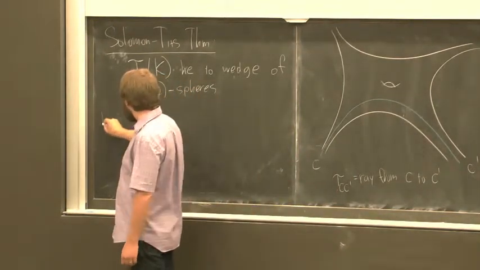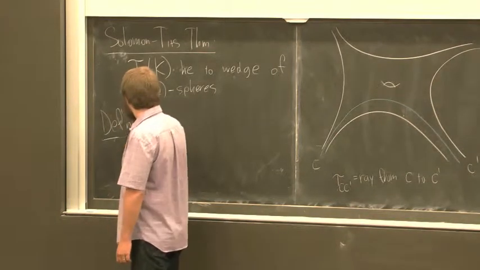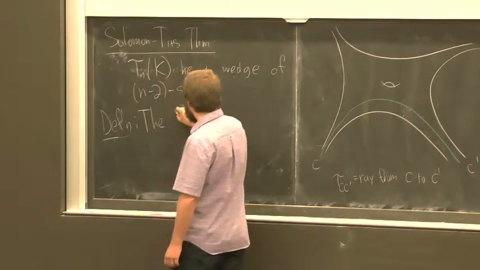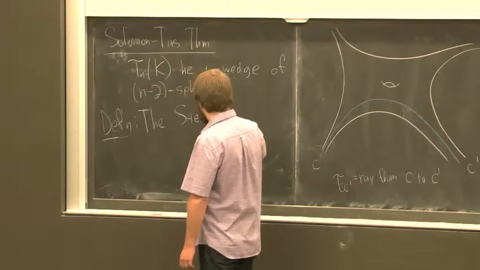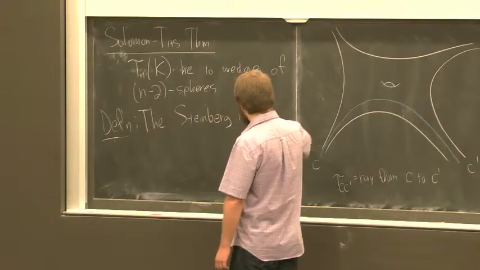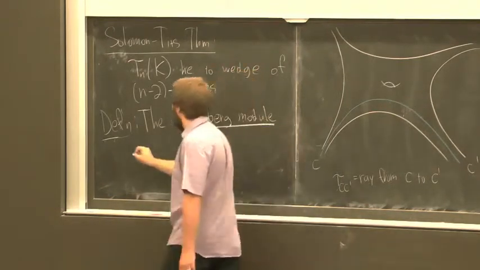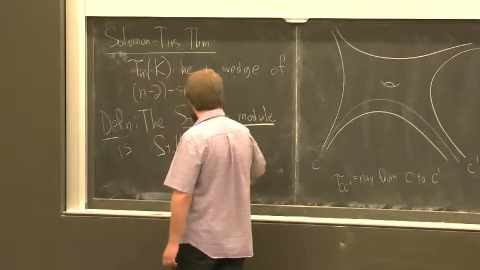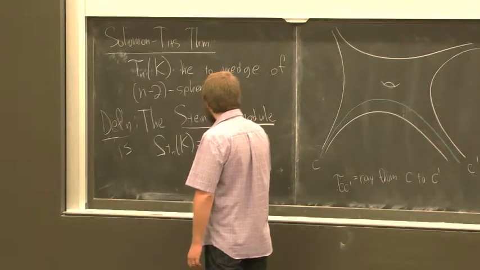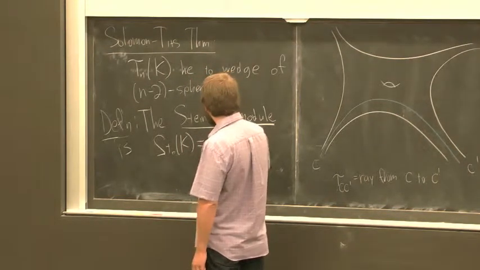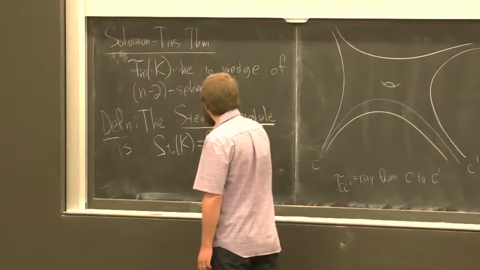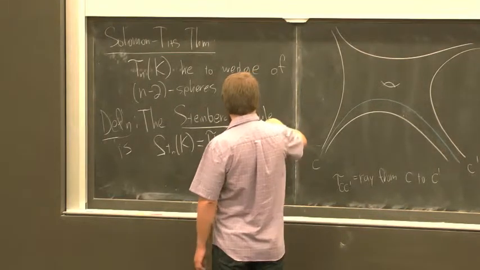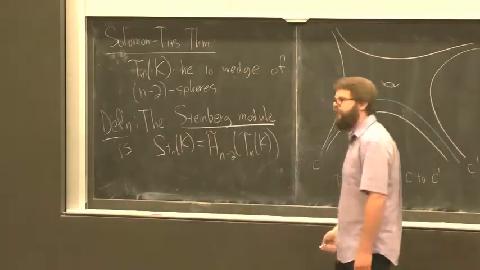So definition. The Steinberg module, and my notation is going to be St_n(K), is the (n minus 2)nd homology group of this, except we want reduced homology of this Tits building, say with integer coefficients.